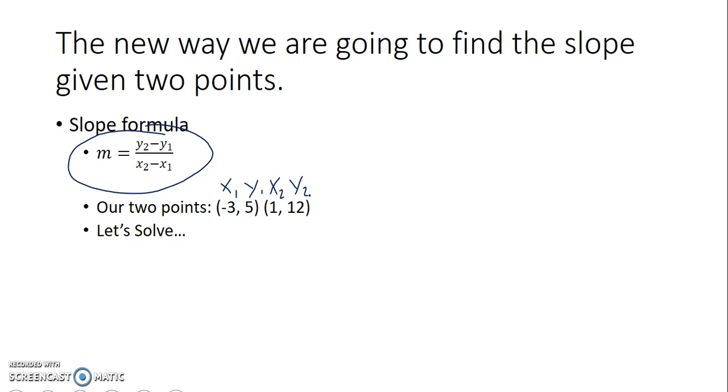Now we're just going to plug it into our formula. So we have m equals our y2, which is 12, minus our y1, which is 5, over our x2, which is 1, minus our x1, which is negative 3.